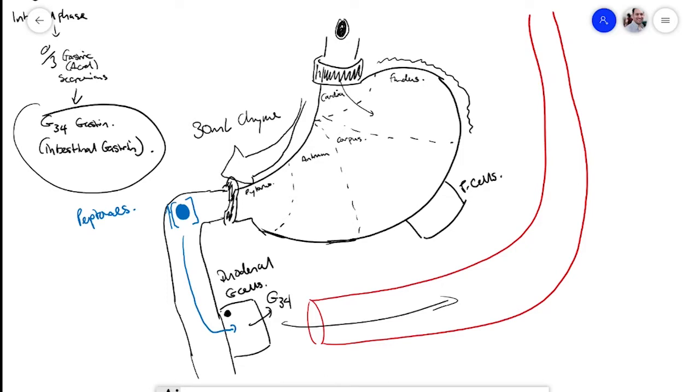It will be transported to those parietal cells, and those parietal cells, as we discussed, have a proton pump that is sensitive to gastrin.